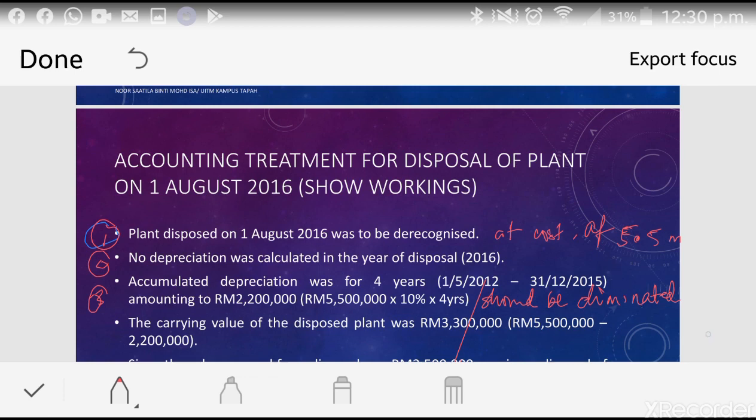The carrying value of the plant disposed was 3.3. This is optional. If you want to mention, you can do so. But normally we'll talk about number 1, depreciation, number 2, then number 3 we talk about the proceed and the loss.